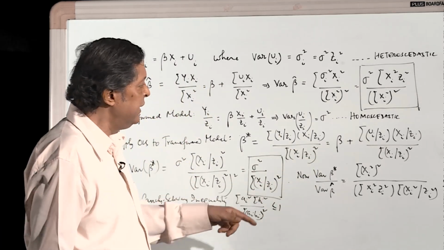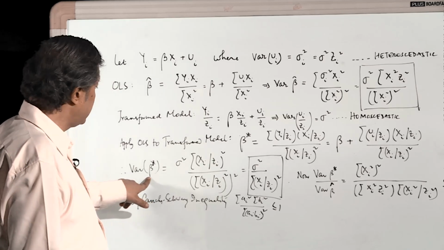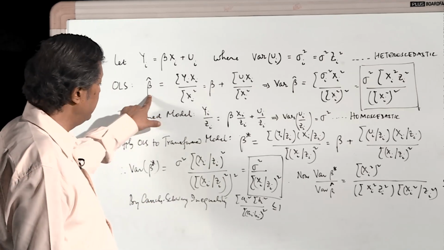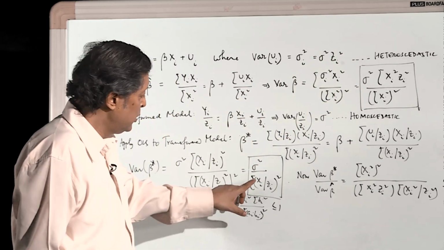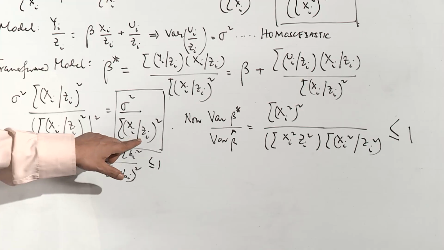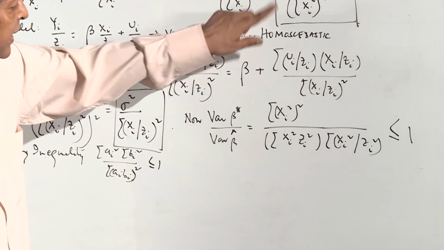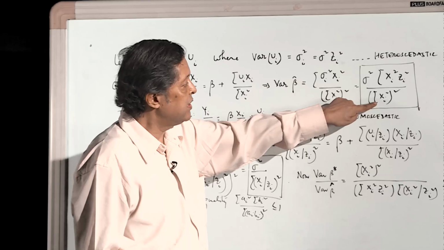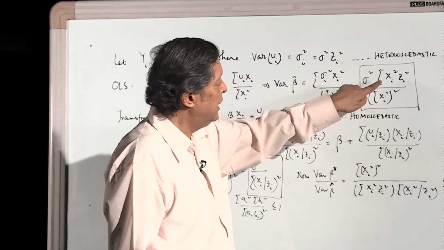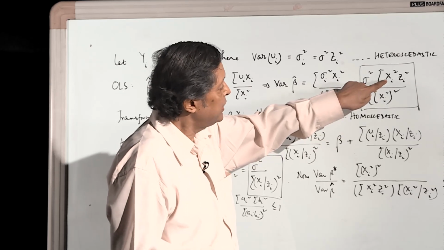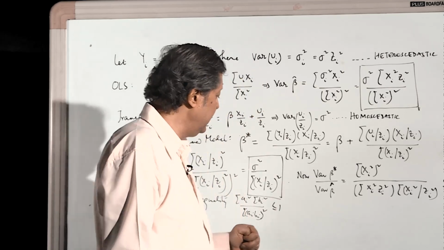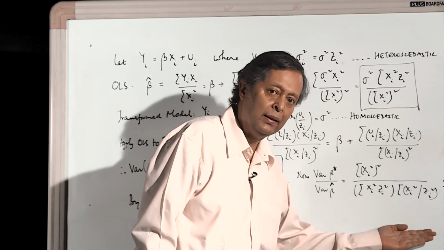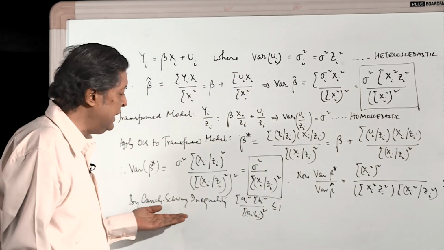If you divide the variance of beta star by the variance of beta hat, that means you have this in the numerator and this in the denominator, so 1 upon xi by zi is already there and this gets inverted. So, summation xi square whole square goes on top and summation xi square times summation zi square comes to the bottom. Now, this has to be less than 1 by the Cauchy-Schwarz inequality.